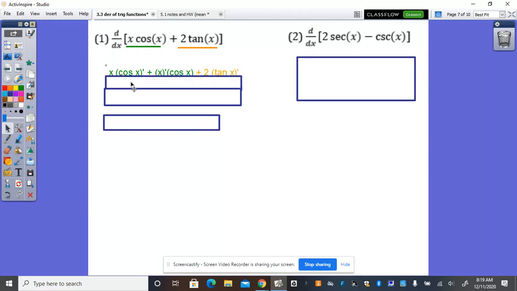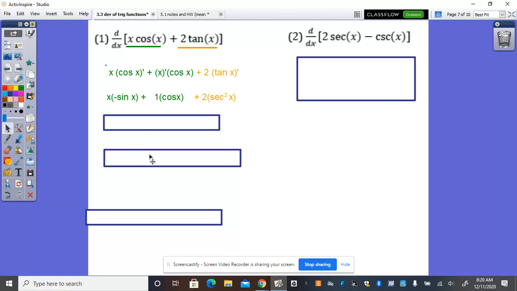So if we did the product rule for x cosine x, we have x times the derivative of cosine plus the derivative of x times cosine. And if you want to do that in your head, that's fine. And then we're just going to pull out this 2 in front and then just take the derivative of tangent x. So underneath here is going to show the answer to that.